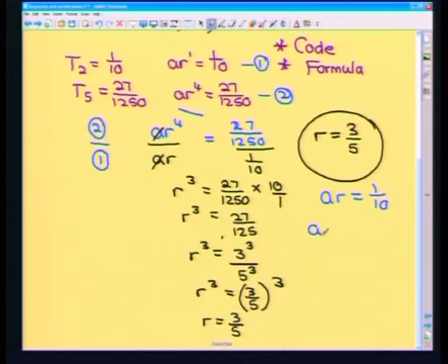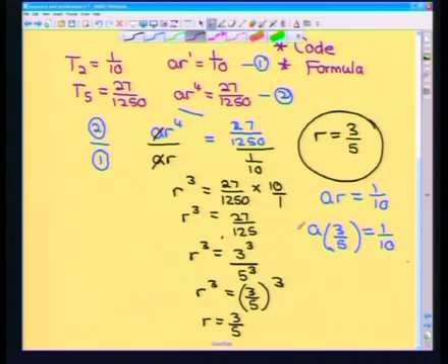So a is what I'm looking for. r I know is 3/5, equals 1/10. Now to get rid of the 3/5, I would divide both sides by 3/5. Or what I could do is multiply this side by 5/3 as long as I multiply this side by 5/3. Remember, with an equation, as long as you do to one side what you do to the other side, all's well, because it keeps its balance.